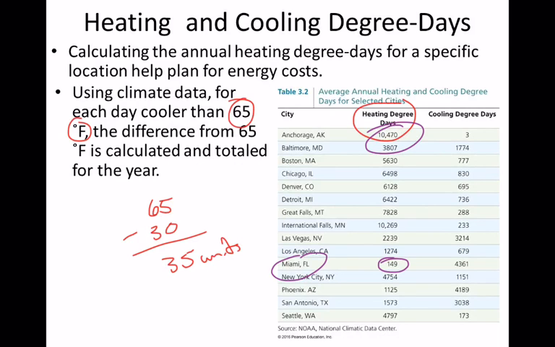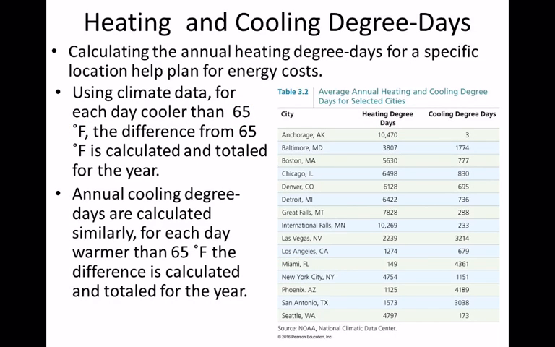Turning your air conditioner on is the same thing. It's 65 degrees Fahrenheit, setting your air conditioner to kick on. And then in this case, how many days above that? For instance, if you had a day that was 85 degrees Fahrenheit, minus 65, you would add 20 units for that day.